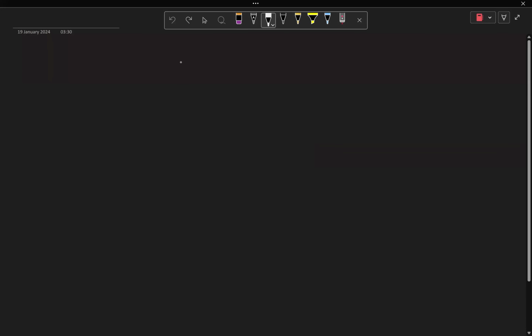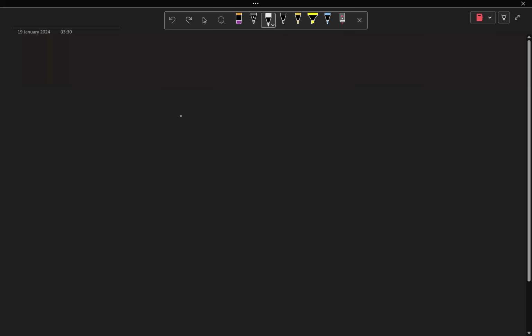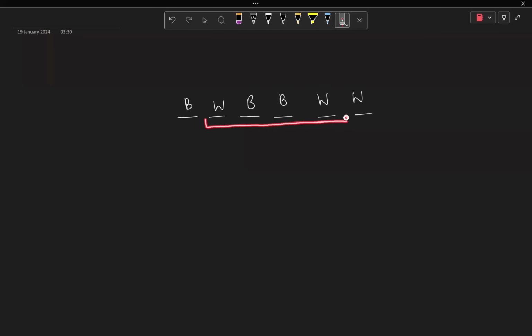So the problem is like this. We have been given a string of n length where every character is either B or W, representing either a black cell or a white cell. What we have to do is choose a subsegment, or you can say a substring, and change all the blacks in that substring to white.